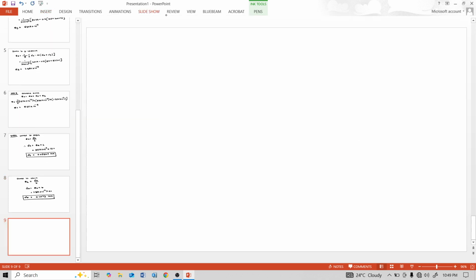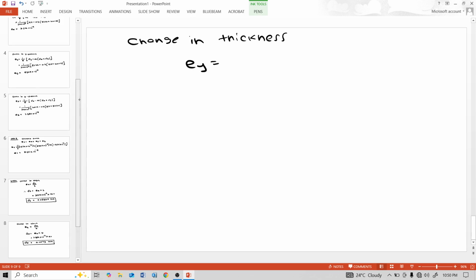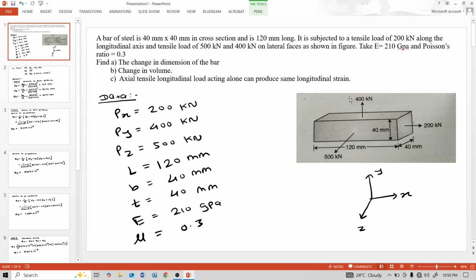Next, change in thickness. For calculation of change in thickness, use formula strain in y direction, and strain in y direction is change in thickness to the original thickness.